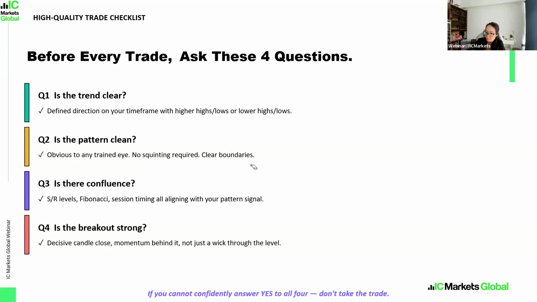Okay. Is there confluence? Whenever we see a pattern, it is not a signal, so you need to have confidence with support and resistance, demand and supply, any Fibonacci retracement or extension level, session timing or range aligning with your pattern signal as well.